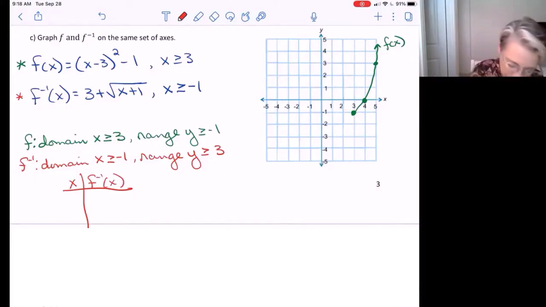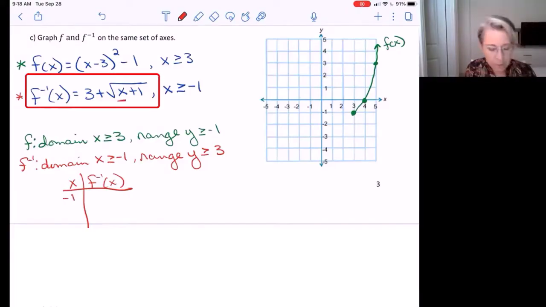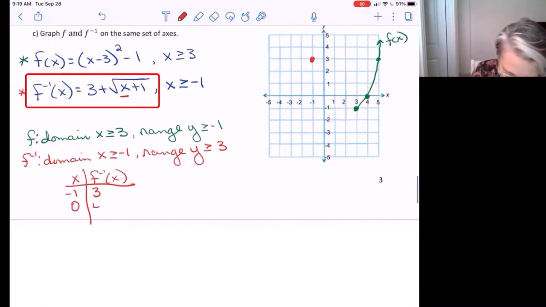For example, let's plug in a -1 in for this x up here. -1 plus 1 gives us 0. So we get the point (-1, 3). Yay. If we plug in the point 0 for x, we get the square root of 1, which is 1. So 3 plus 1 is 4. We get the point (0, 4).